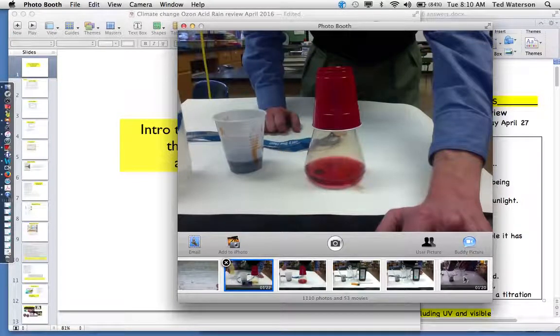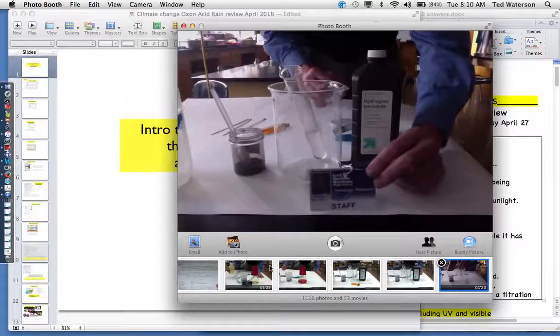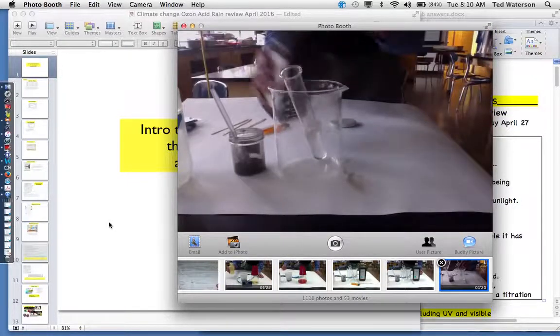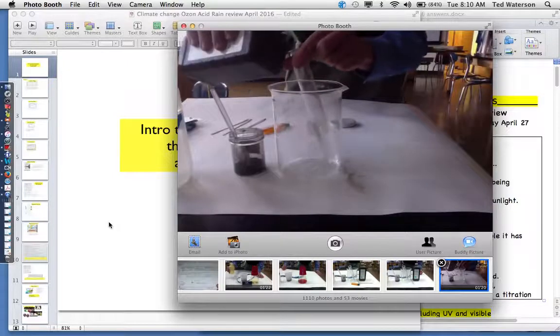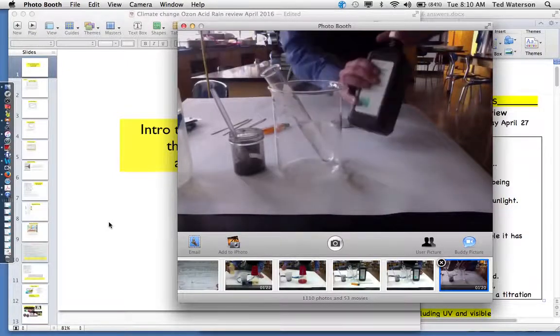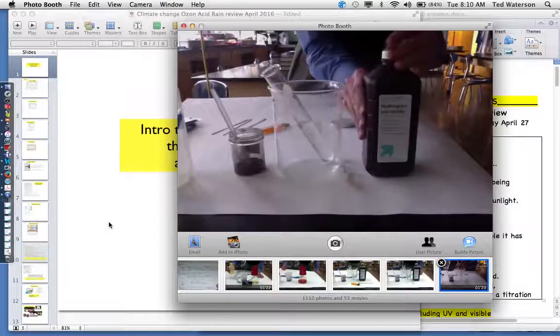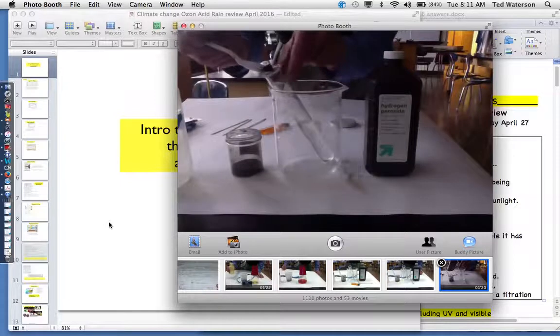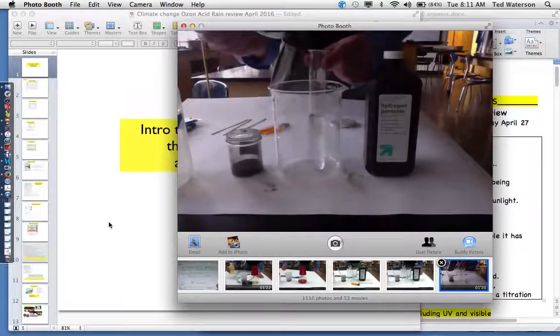Another activity we did that I thought was worthwhile was looking at what it means to be a catalyst. A catalyst increases the rate of a chemical reaction. The one we talked about in class was what chemicals catalyze the depletion of the ozone.